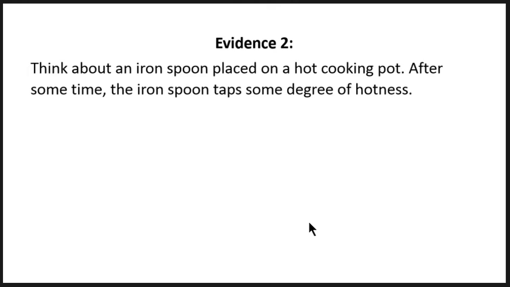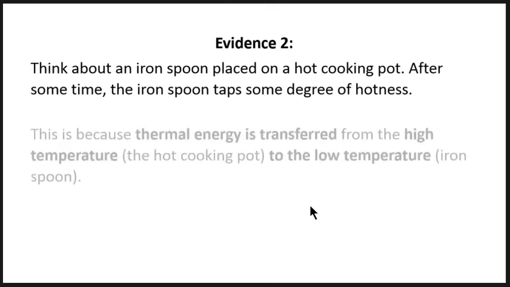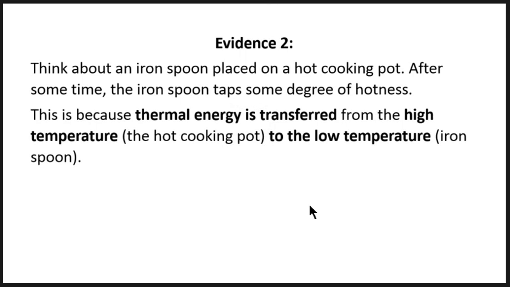Because there is a conduction of heat from the hot cooking pot to the iron spoon, so that the iron spoon is going to tap some degree of hotness from the hot cooking pot. And the reason is simply because thermal energy is transferred from the high temperature, which is the hot cooking pot, to the low temperature, which is the iron spoon. Okay, that's just the implication.